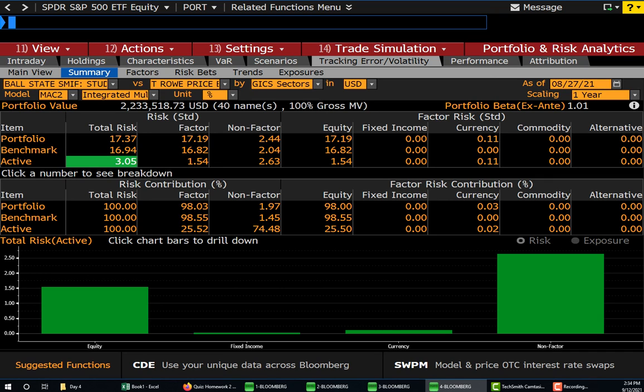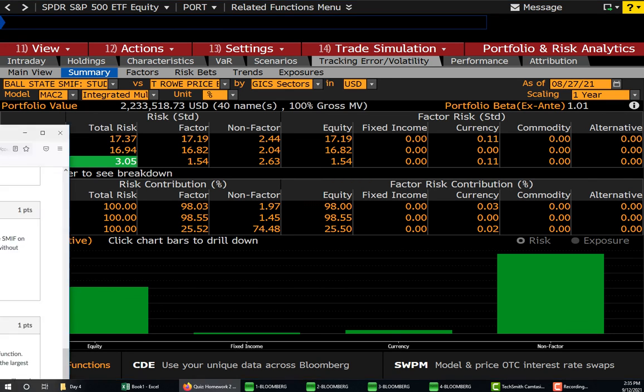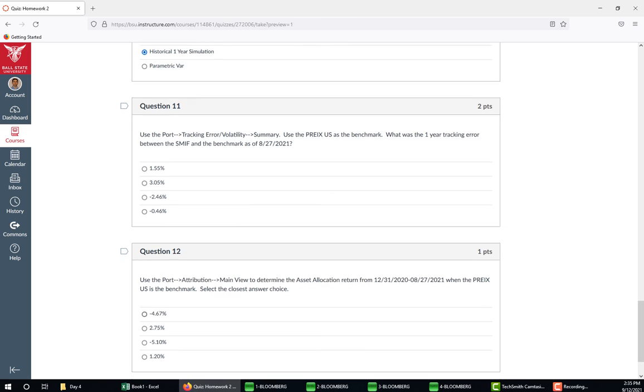So we have a lot of data here, but the thing that we're interested in is the tracking error. With a lot of buttons and numbers in Bloomberg, if you just highlight over a certain area or a certain metric, it'll often give you a more detailed label or even describe how that is being calculated. So here, our tracking error is 3.05%, which does correspond to an answer here.